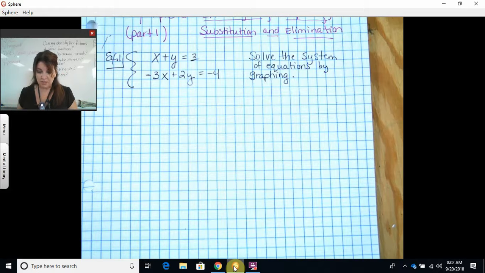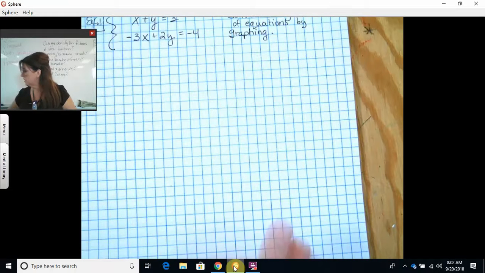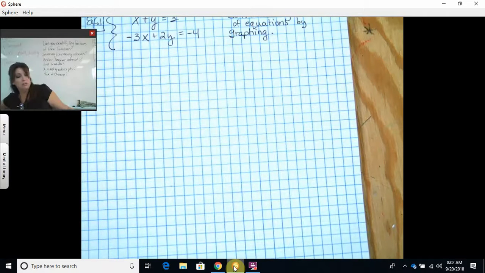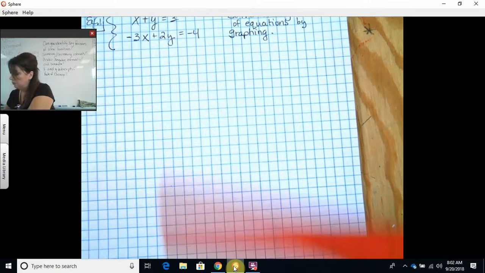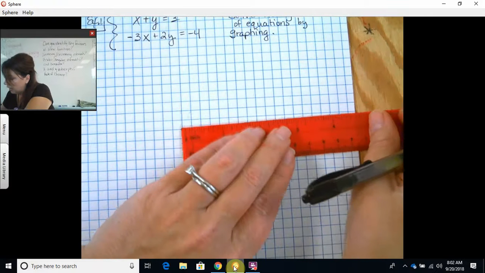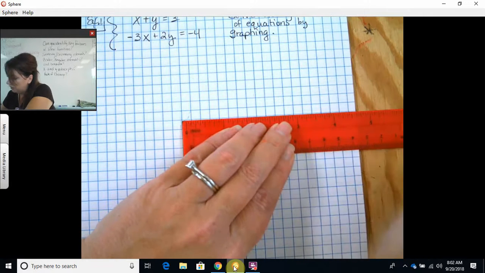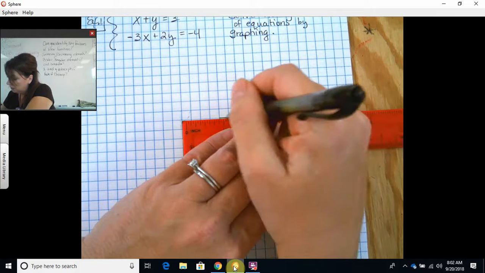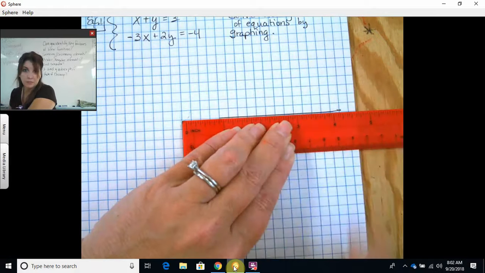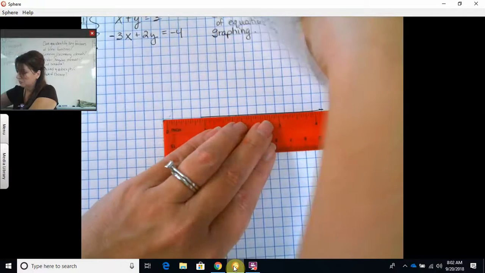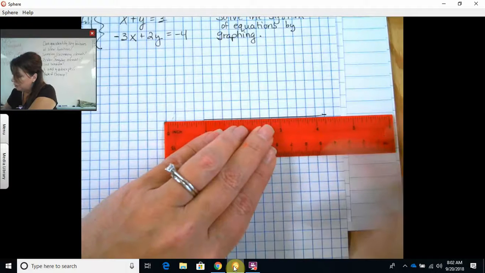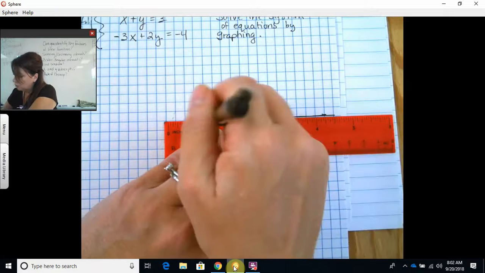So for our purposes today, and this first problem, I'm going to show you both ways. So method 1, I'm going to graph by finding the x and the y intercept, okay? First thing I'm going to do is make a little graph over to the side so that I don't run out of room to include it. And if you don't have a ruler, of course you can use your ID.